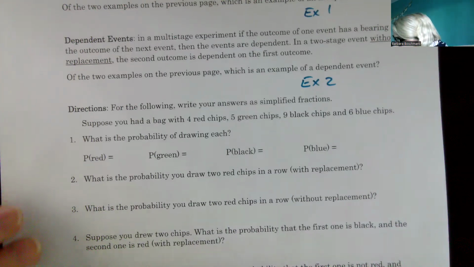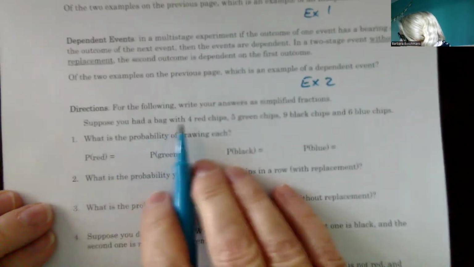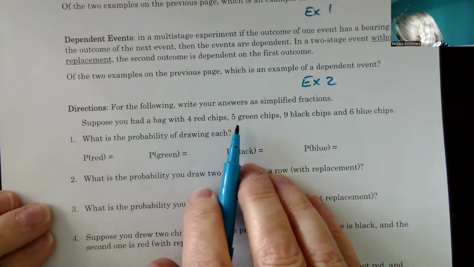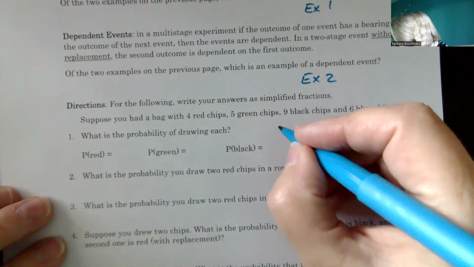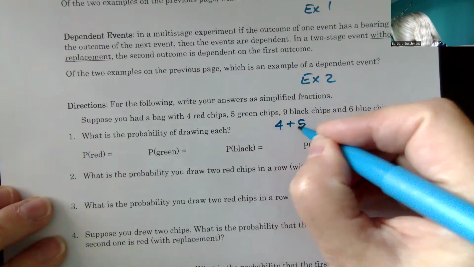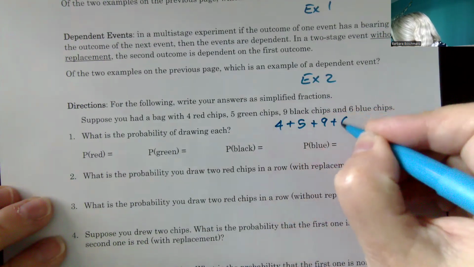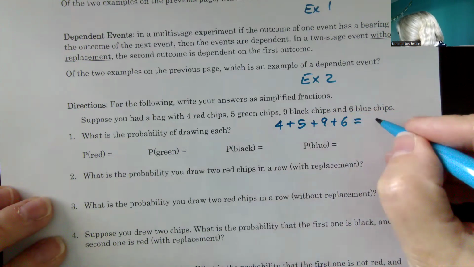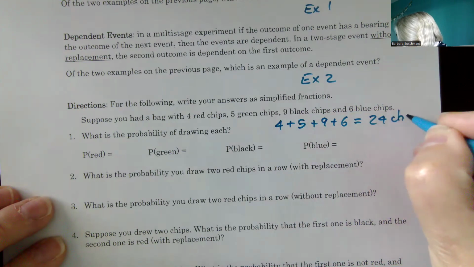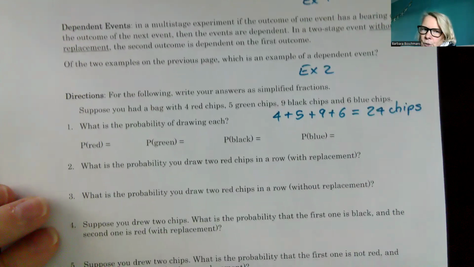Okay, so suppose you had a bag with 4 red, 5 green, 9 black, and 6 blue. What's the probability of each? First, you're going to have to find that denominator for your probability by adding all of them together. And I get 24 chips. That is your total.